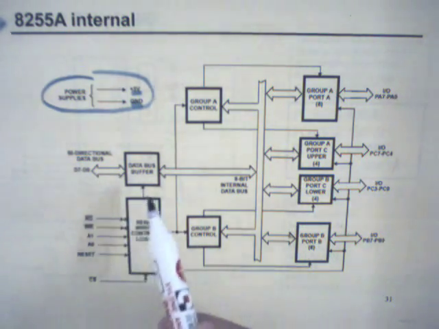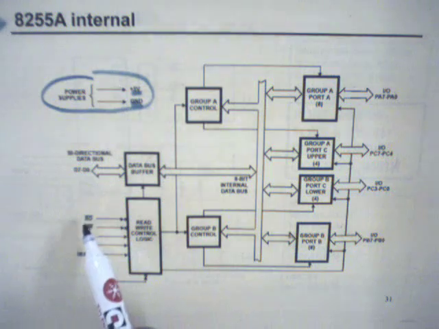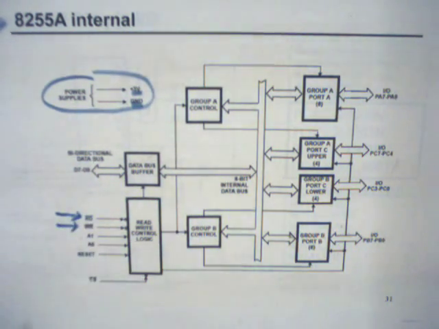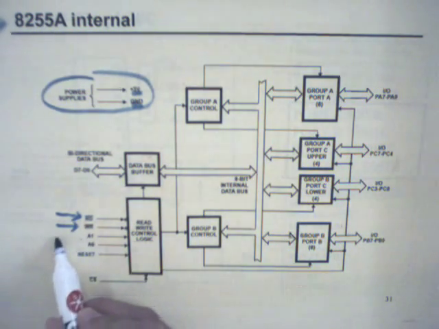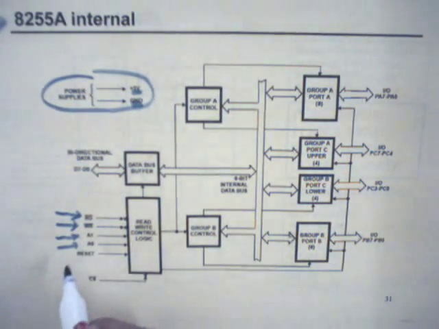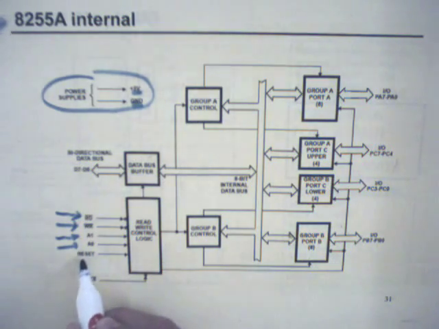From the outside, read and write control signals are transferred to the integrated circuit, as well as A1, A0. These are the address pins, the least significant 2 bits of the address line from the address bus of the microprocessor circuitry. This integrated circuit has also a reset pin.